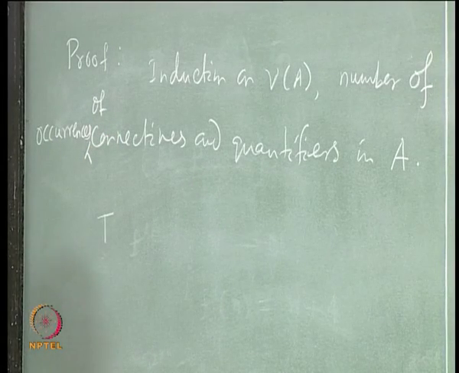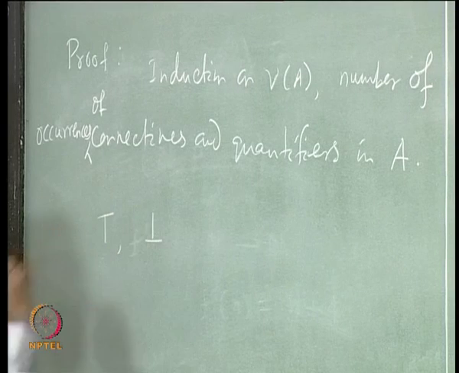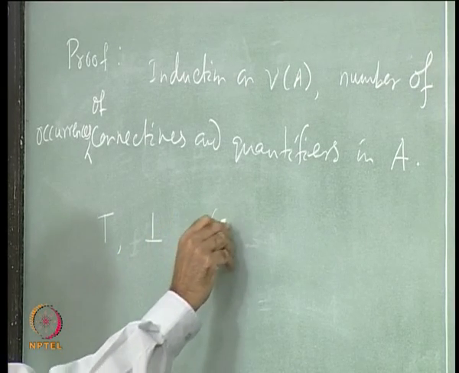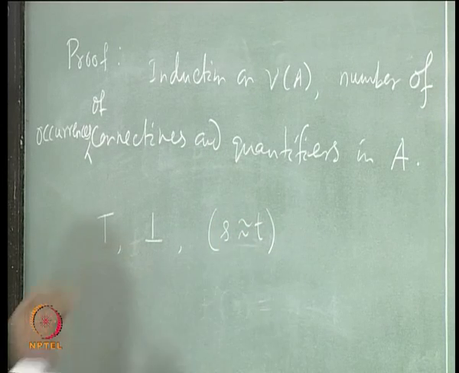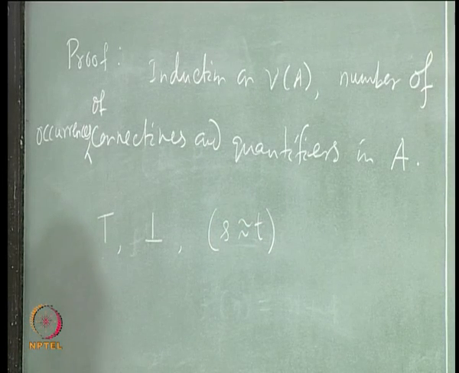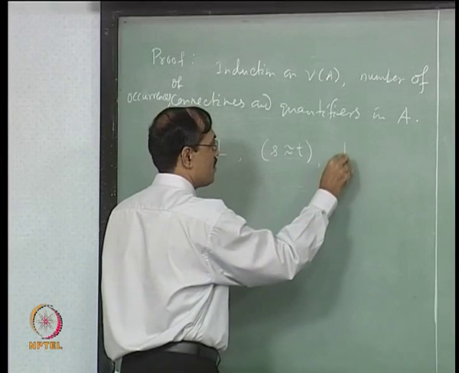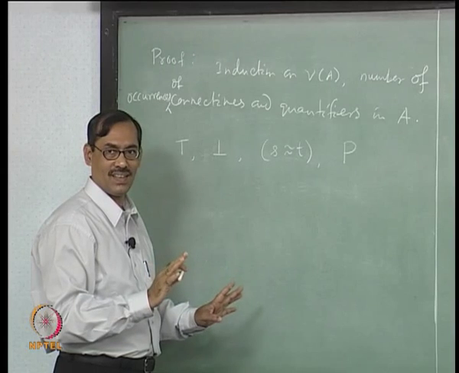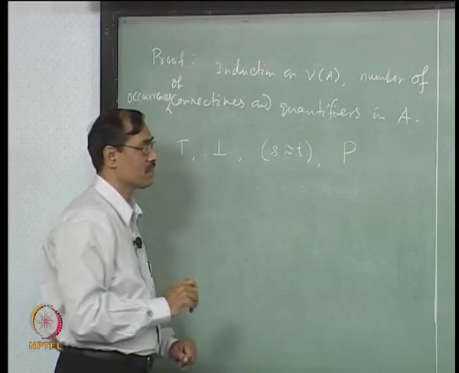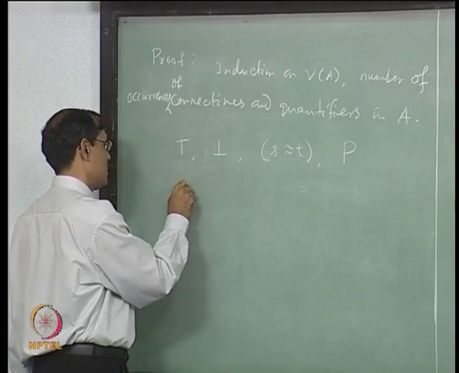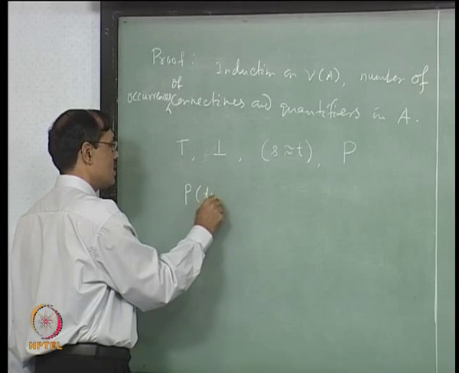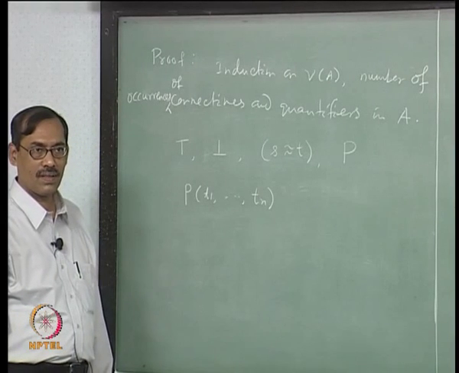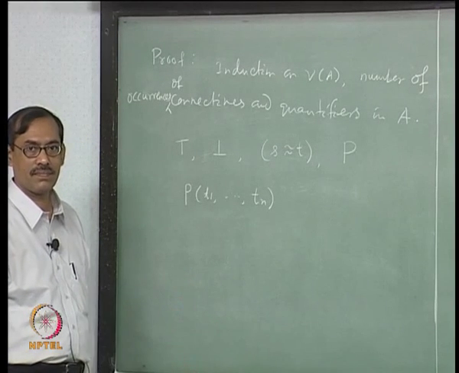It can be top, or it can be bottom, or it can be of the form S equal to T. Before that, it may be some proposition without anything, a zero-array P, right, or it can be P of T1 to Tn. These are the basis cases.